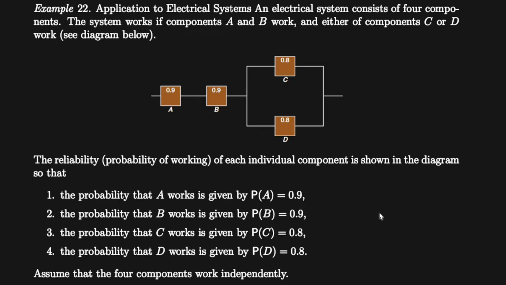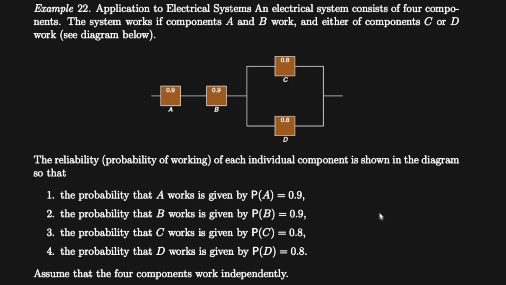Move on to example 22. It says the application to electrical systems. An electrical system consists of 4 components. The system works if components A and B work and either of components C or D work, which is the diagram below.